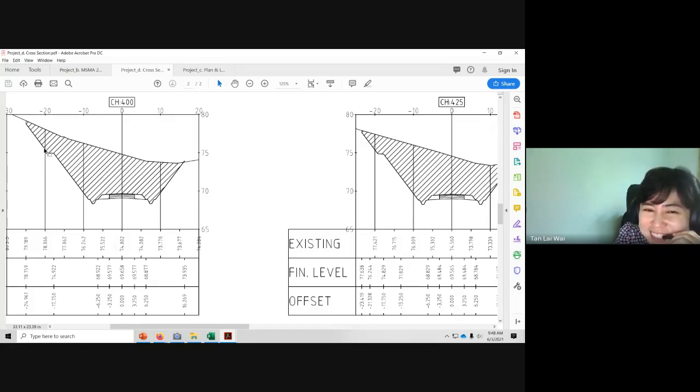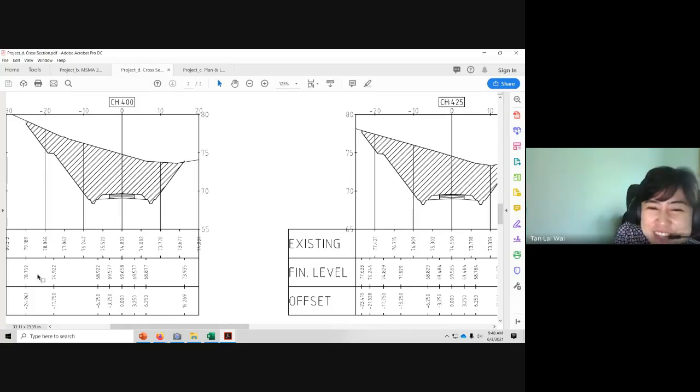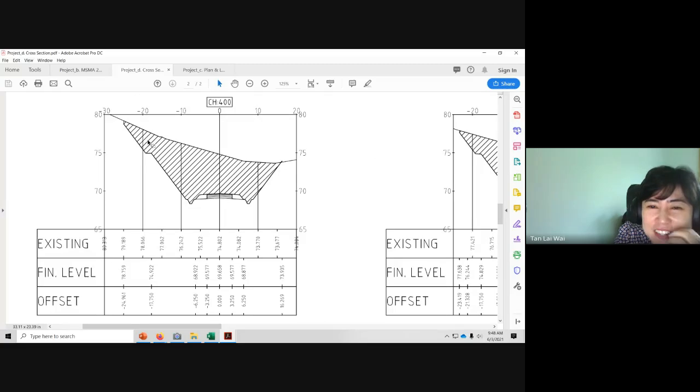Betul tak guys? Betul doktor. Okay. Saya sebenarnya boleh dapat jarak ni kalau saya tengok, jarak ni ialah beza ni kuasa 2 campur beza ni kuasa 2, punca kuasa 2, saya boleh dapat jarak ni kan? Betul?